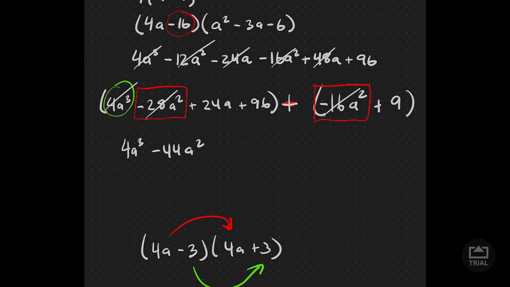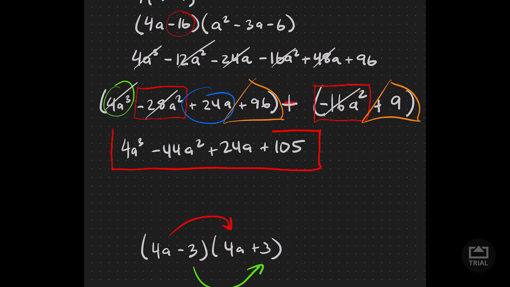Let's move on to our terms that have a degree of 1. So we got a 24a, and that is it. So plus 24a. And finally, when we look at our last one, which are the constants, I've got a 96 and a 9, giving me a total of positive 105, and that will be our final answer.